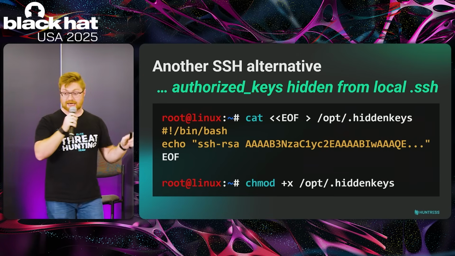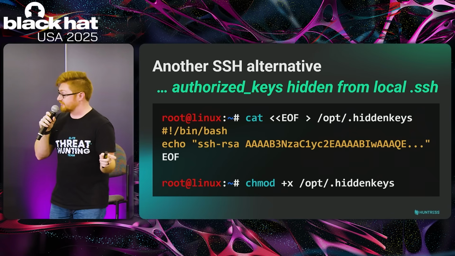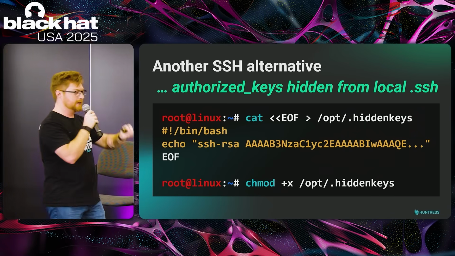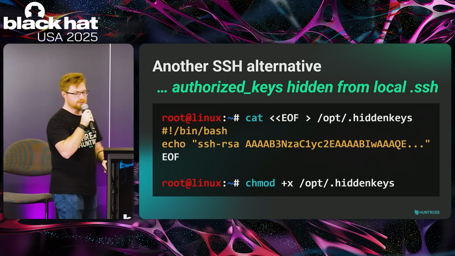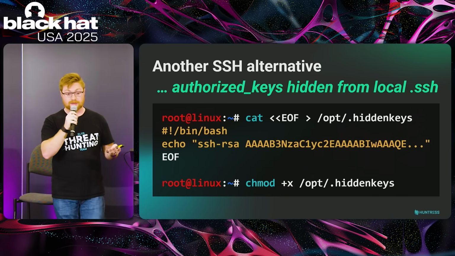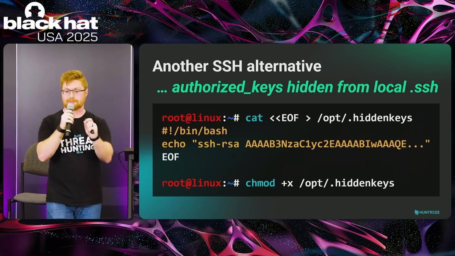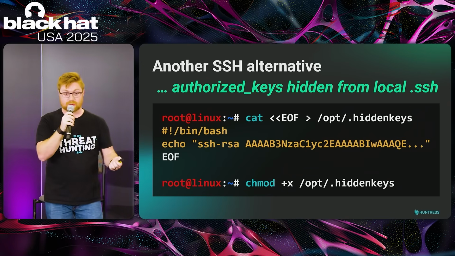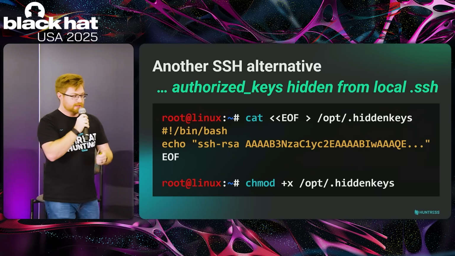This one I really like, actually. Another SSH alternative where you no longer use the authorized keys file, but you cram it into another file, whatever you want. You could name it, you could hide it, it could have the dot prefix so that it's hidden. And if you just include that or run any other command, that could work just as well.